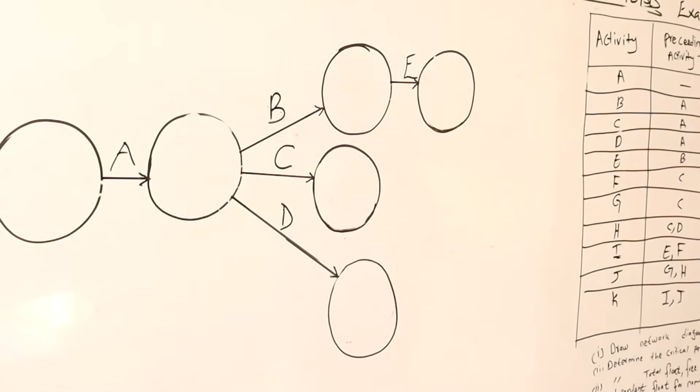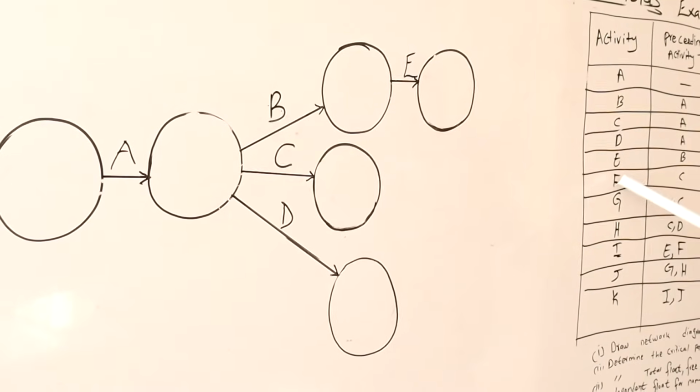Then C is a preceding activity to activity F. But we are told here we can see E and F are converging.